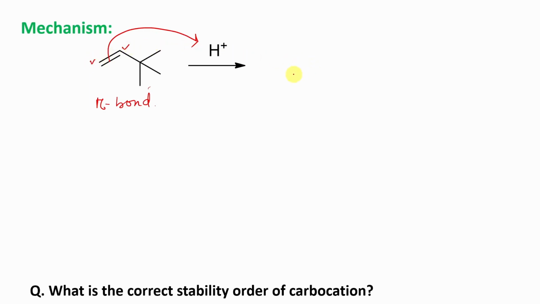Now in this case, students, remember that it depends on the stability of the carbocation. In this case the carbocation is secondary, so that's why it will be produced. The higher the degree of the carbocation, the more stable it is. Secondary is more stable than primary, so that's why secondary will be produced.